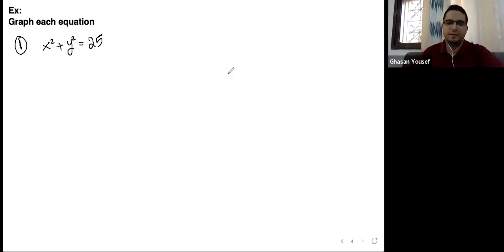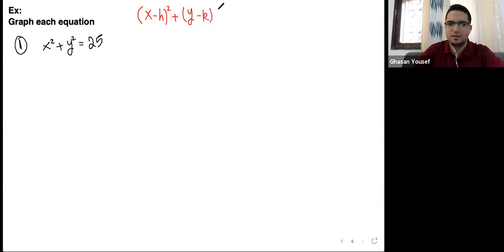First of all, we have to find two things. The first one is the center, and the second one is the radius. So who will rewrite this equation in the form x minus h squared plus y minus k squared equals r squared? Who will do this one?